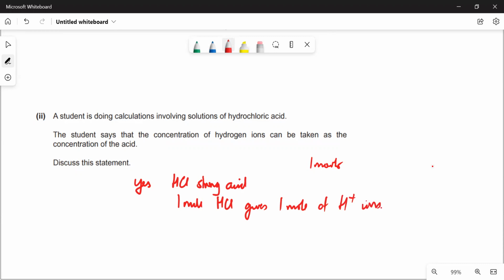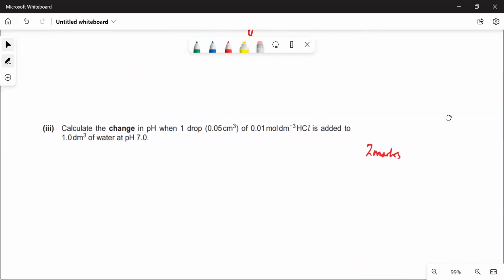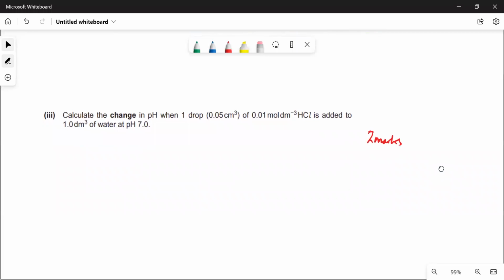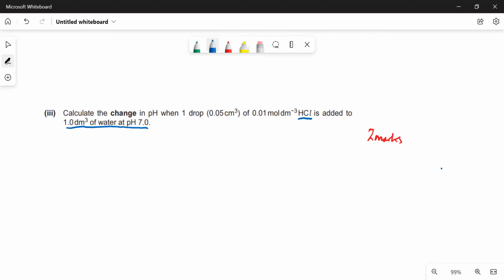Now, the actual answer in the mark scheme for this next bit is definitely wrong. I'll tell you the way they do it and what they say, and I'll tell you what the real answer is, which is significantly different. Calculate the change in pH when 1 drop of HCl is added to 1 dm³ of water at pH 7. So first, the moles of HCl added.